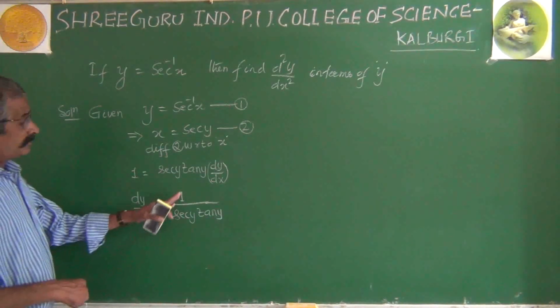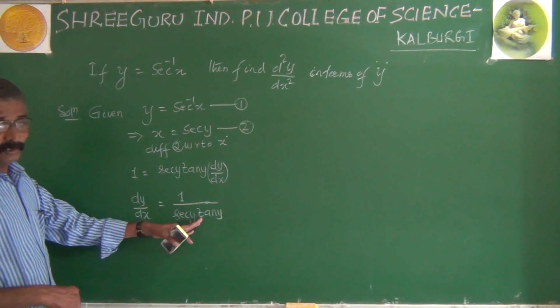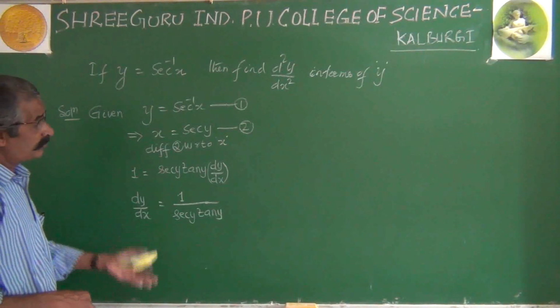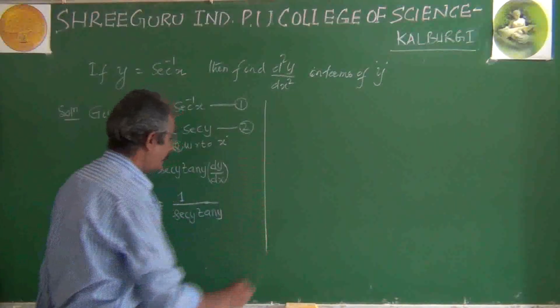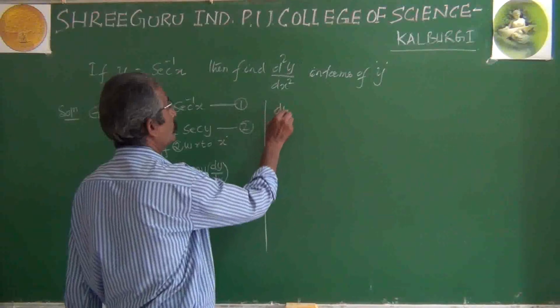You can write 1 by sec y as cos y and 1 by tan y as cot y if you want, or we can keep it as it is. So let's write in another format, dy by dx equals cos y cot y.